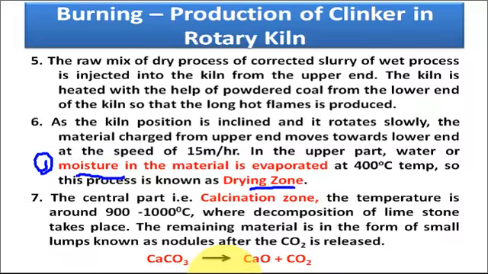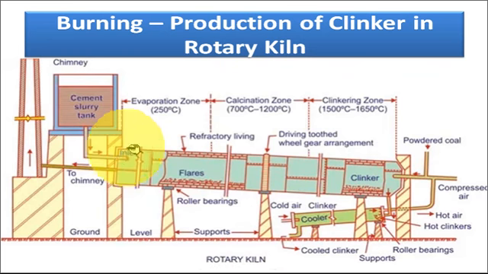When the raw materials are passed into the rotary kiln, first is the evaporation zone, which has a temperature of 250 to 400 degrees centigrade. At this temperature, all the moisture content gets evaporated in the evaporation zone or the drying zone.